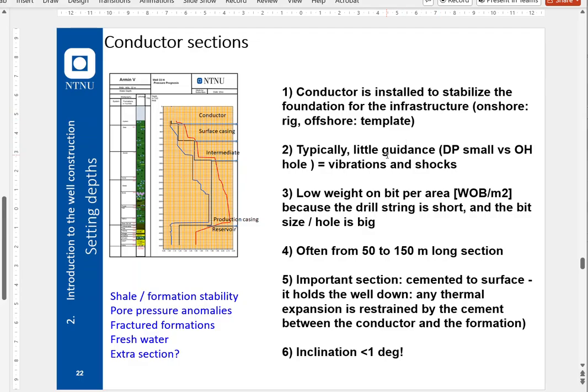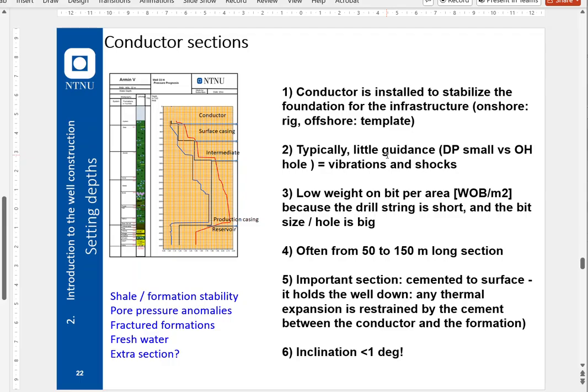And the conductor has a very, very important role. It holds down the entire well. We will look more into it, but unless the conductor is properly cemented in place firmly to the formation, we risk that the whole well will actually expand up, because it's often heated up for wells that are producing oil and gas.